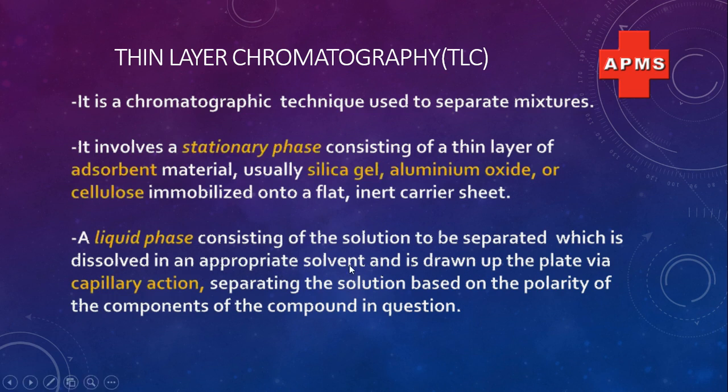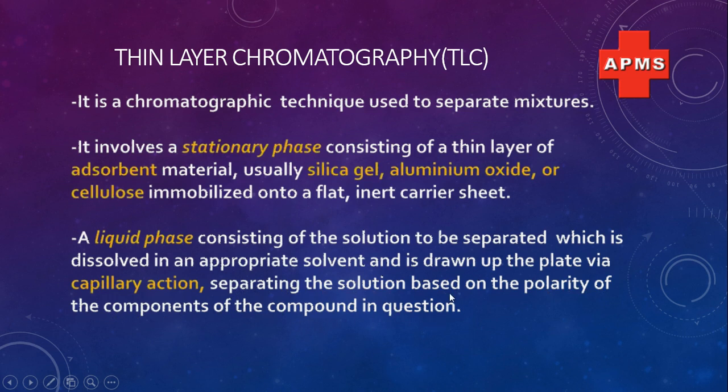The dissolved sample is drawn up the plate via capillary action. This dissolved sample in the liquid phase works as the mobile phase, and it is drawn up against gravity. In ascending chromatography, it rises up the plate due to capillary action and separates the solution based on the polarity of the components of the compound.